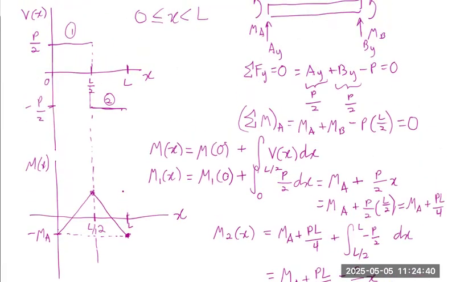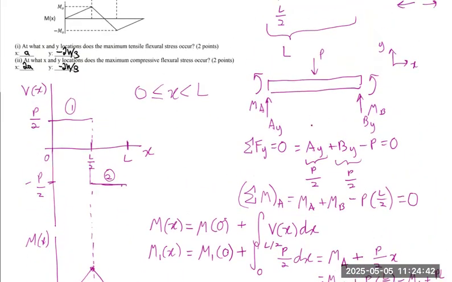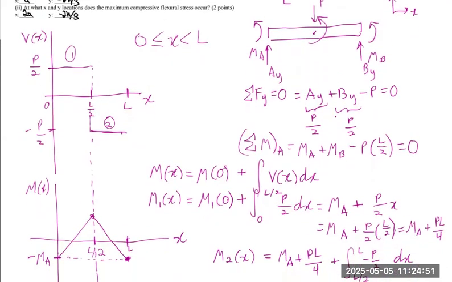So let's say we had a moment here applied counterclockwise at the location L over 2. Then, since it's counterclockwise over here, the moment here will be a drop, not a rise, although counterclockwise is positive.